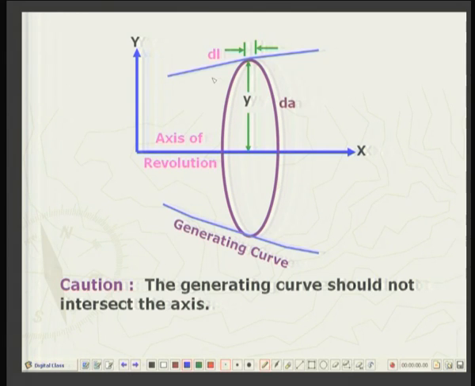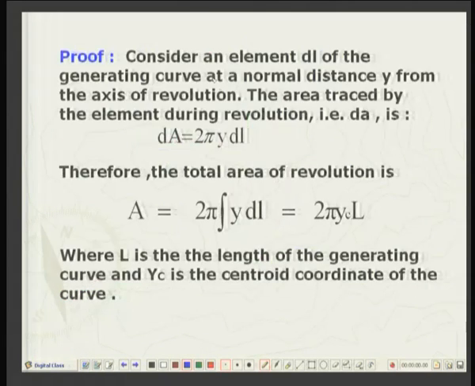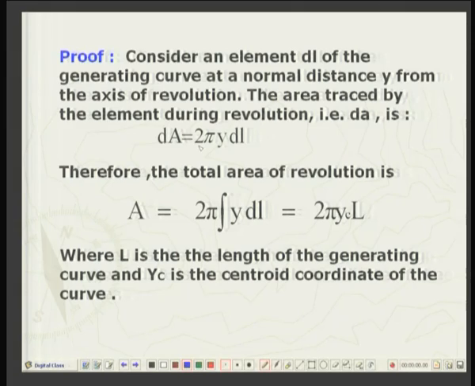Now, to find out the area of this ring so formed, we will have the circumference into the width. Width of this ring is dl, that is the arc length of the curve, and the circumference is 2 pi r. r is the radial distance from the axis, which is simply y, as you can check again. This is y, this is the radius of the circle, and the width is dl.